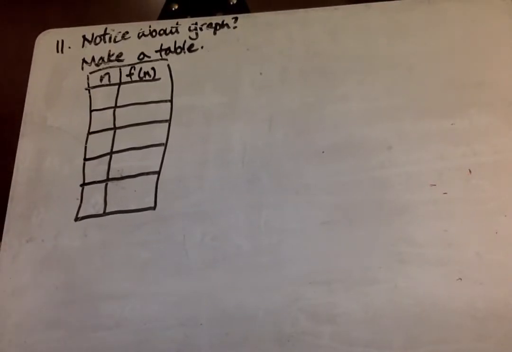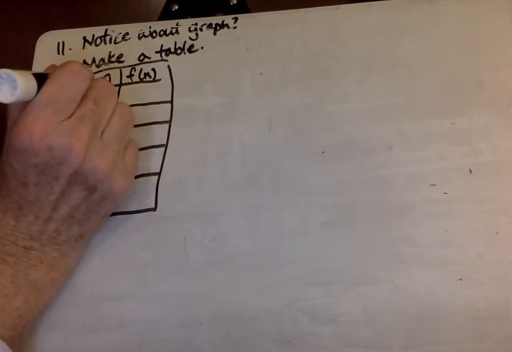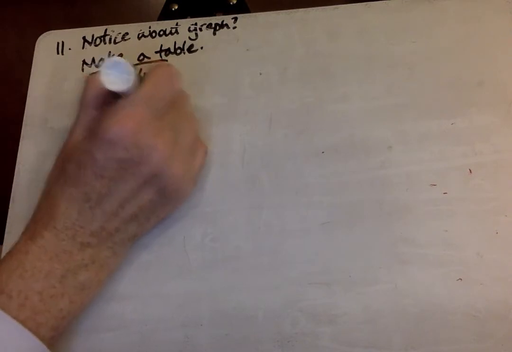So what do you notice about number 11 on that next page? It's a graph, and if it's a geometric sequence, do you notice that it goes up exponentially? Okay, so I'm just going to put the numbers in the graph. If n is 1, f of n is 2.